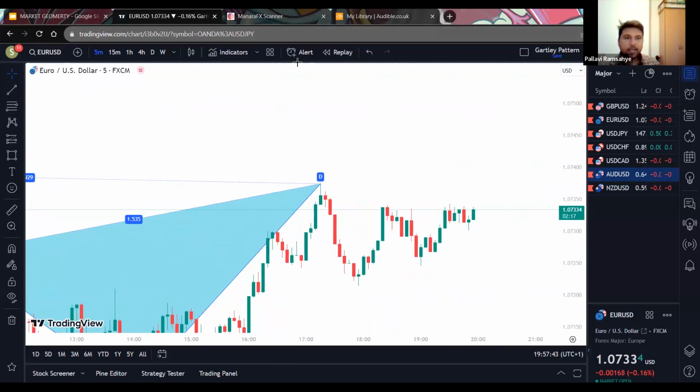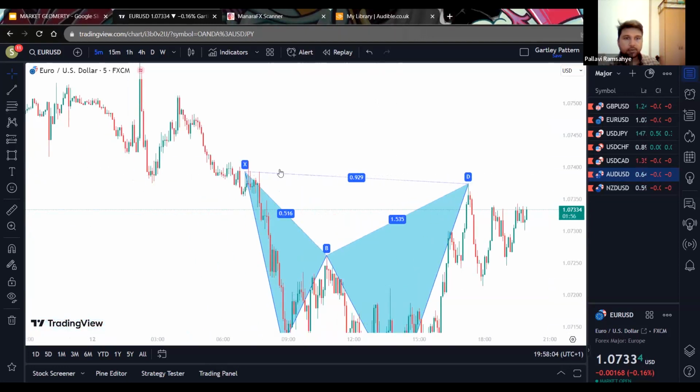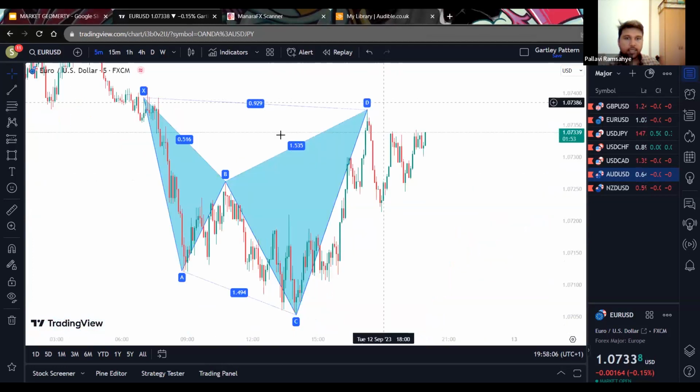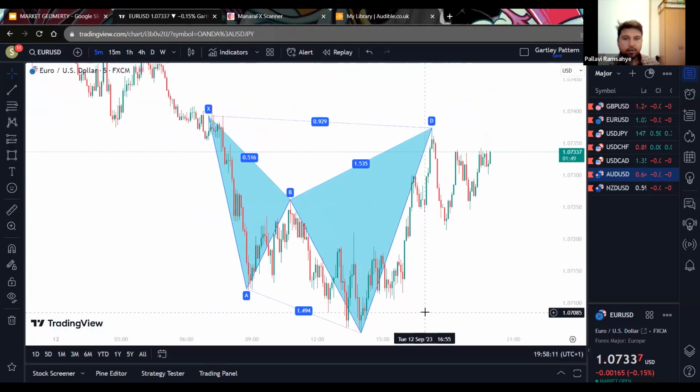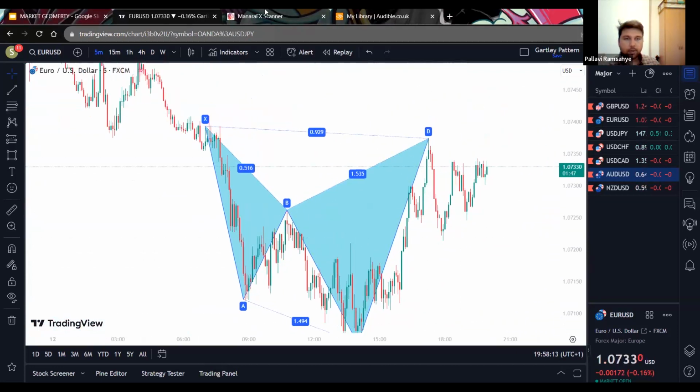So to me, what that indicates is a loss of buyer's momentum. Exactly. It's a loss of buyer's momentum, which means that the sellers are trying to take control of this market. So our stop loss will go above X right here. We enter at D, and our take profits are at A and C, okay? Perfect.